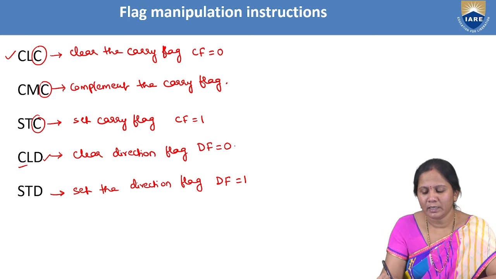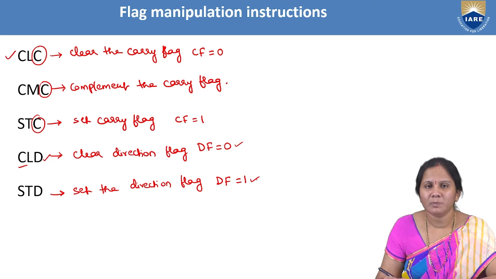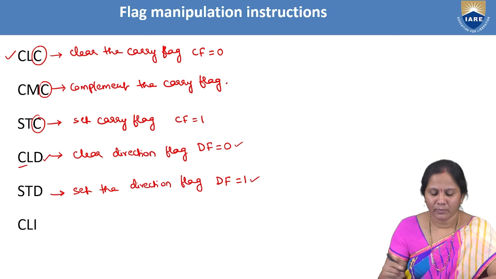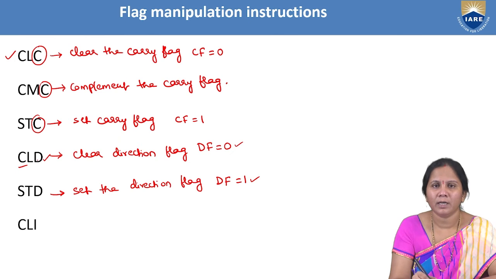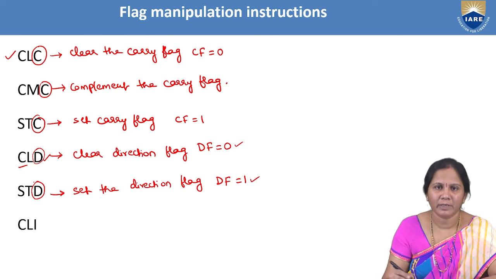Generally, depending on whether DF is 0 or 1, the processor will be working on the contents of SI and DI in auto increment mode or auto decrement mode.